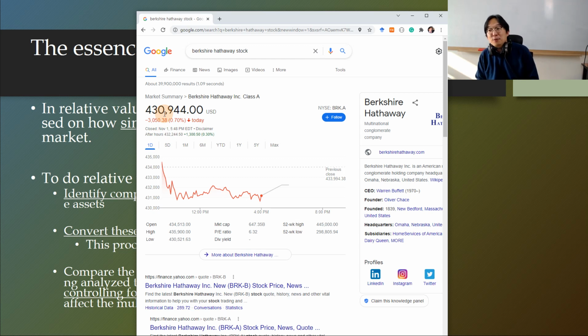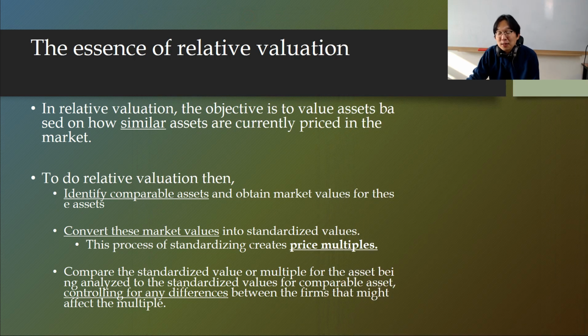Whereas Samsung Electronics is like $60 worth. Does that mean that Berkshire Hathaway is like more than 5,000 or 6,000 times more valuable a company than Samsung Electronics? And the answer is no. Why do we have such a huge difference in price per share between Berkshire Hathaway and Samsung Electronics?